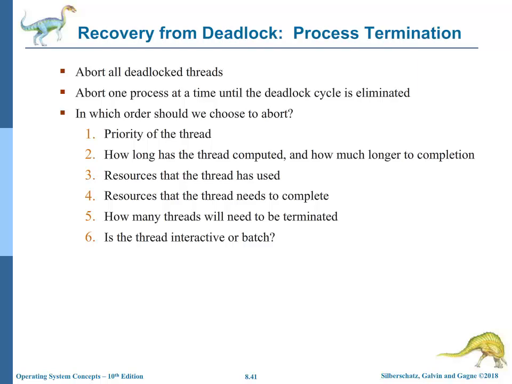Second one is abort one process at a time until the deadlock is eliminated. Abort one deadlocked process at a time until the deadlock cycle is eliminated from the system. Due to this method, there may be considerable overhead because after aborting each process, we have to run the deadlock detection algorithm to check whether any processes are still deadlocked.